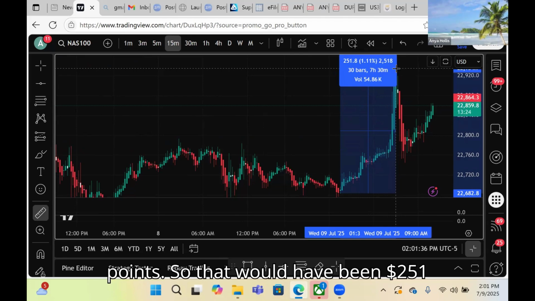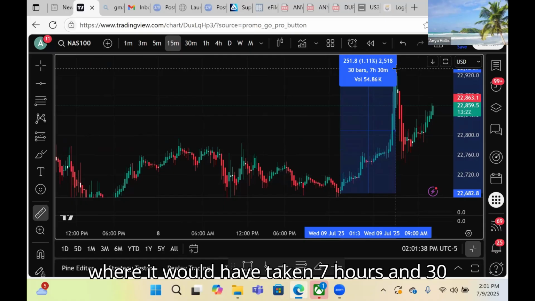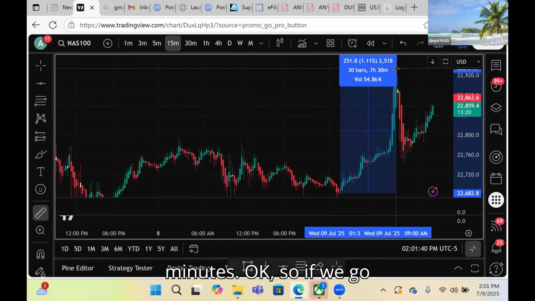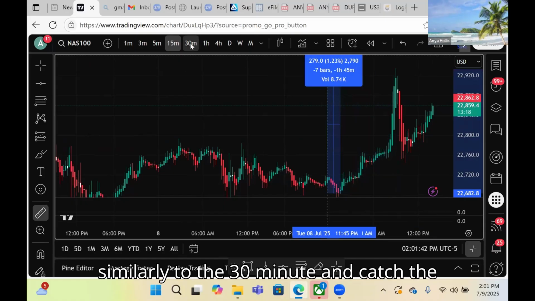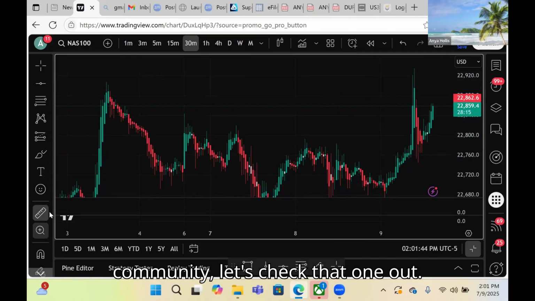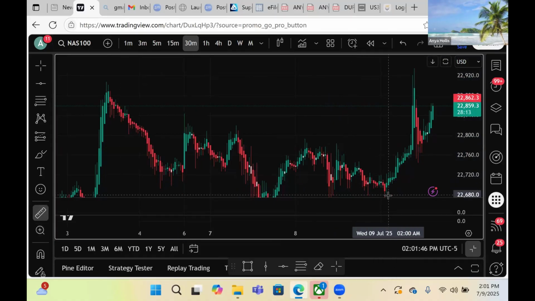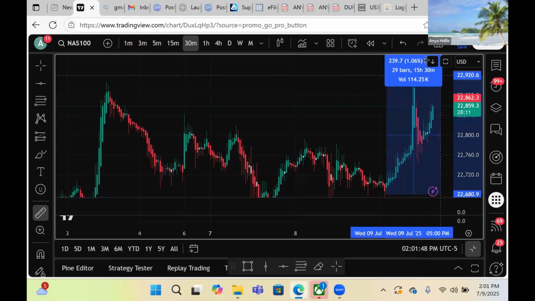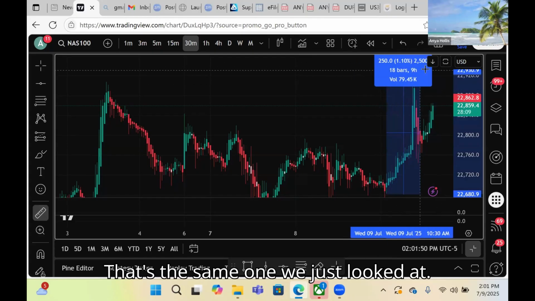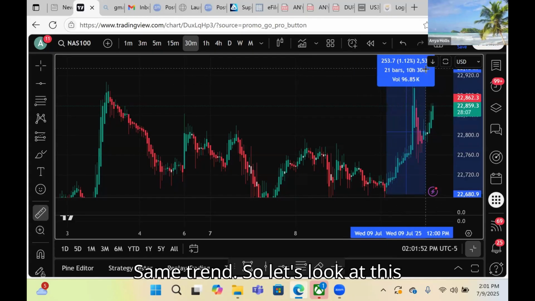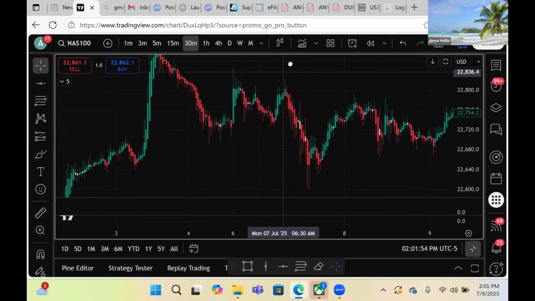So that would have been $251, but it would have taken 7 hours and 30 minutes. Okay. So if we go similarly to the 30 minute and catch a trend, let's check that one out. That's the same one we just looked at. Same trend, 255.